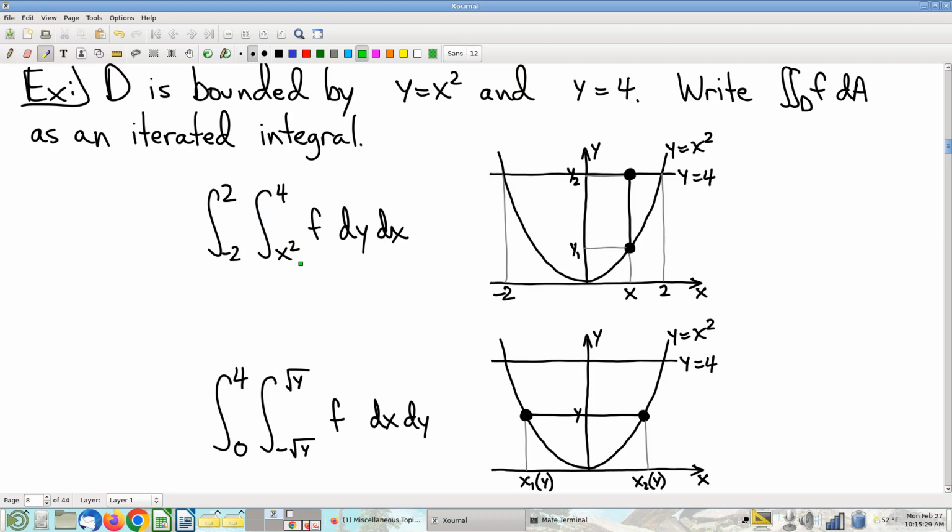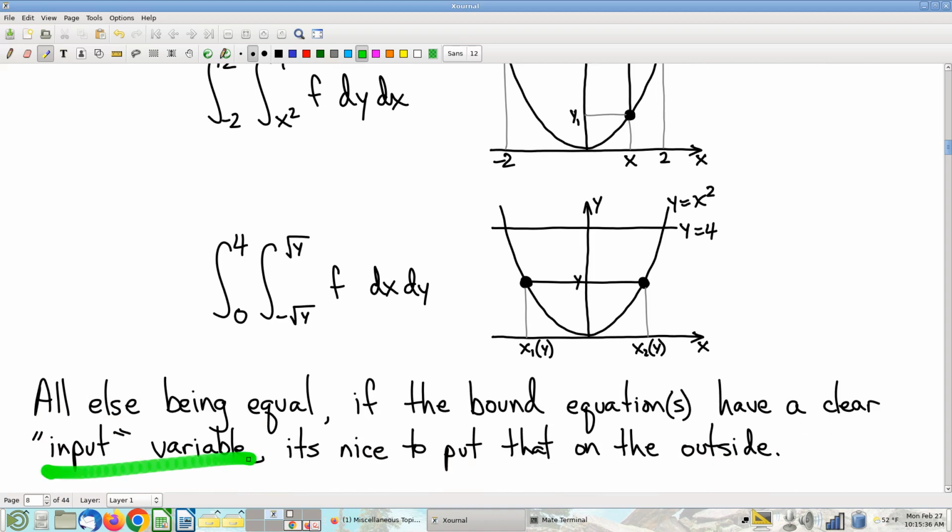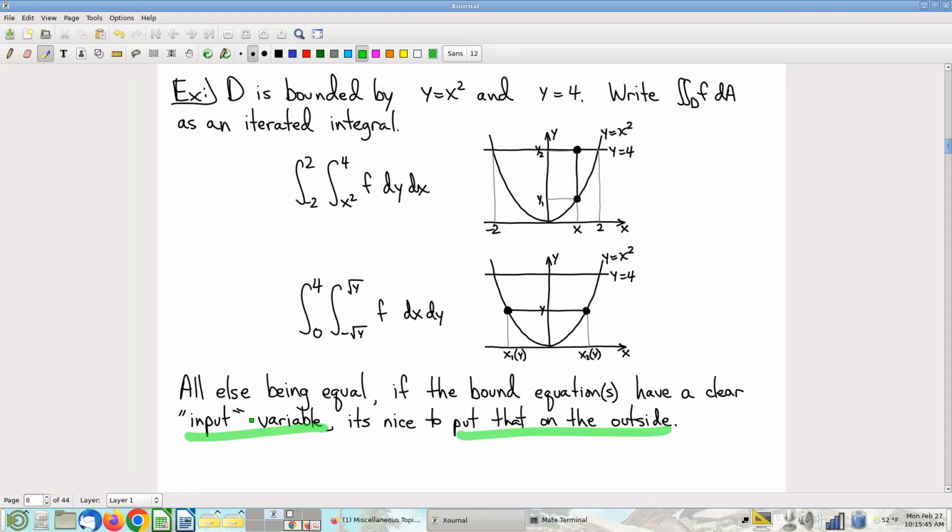The point here is that if there is a variable that's naturally viewed as an input variable, that should be put on the outside. So in particular, looking at the way that this equation is written, x pretty naturally looks like the input variable there, not the output variable.